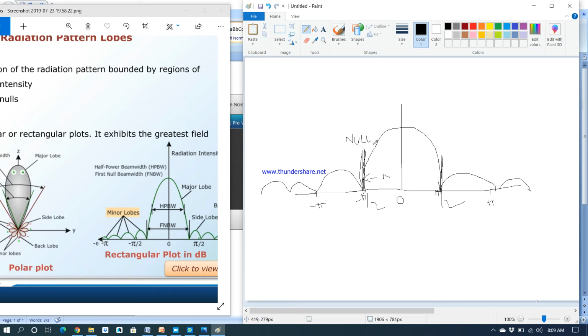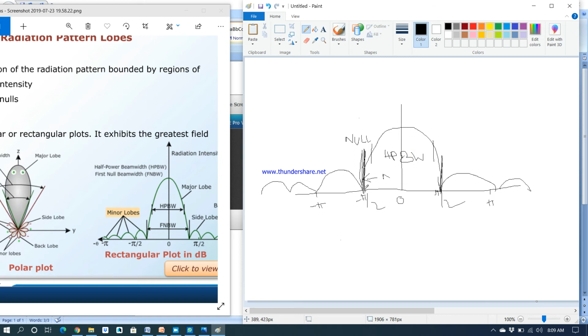The difference between these points is called half power beam width.